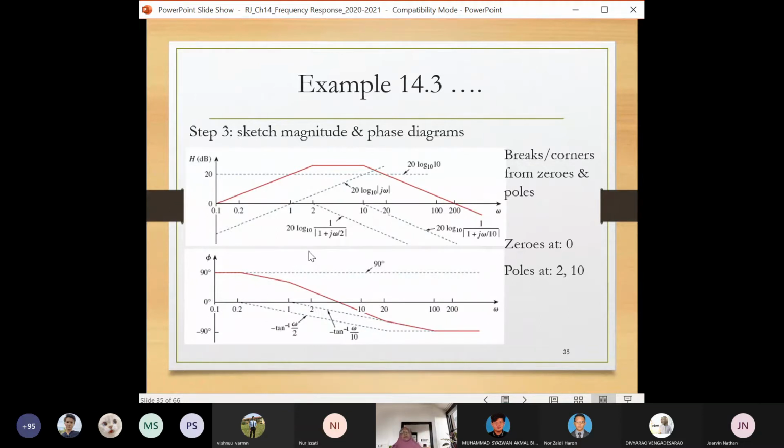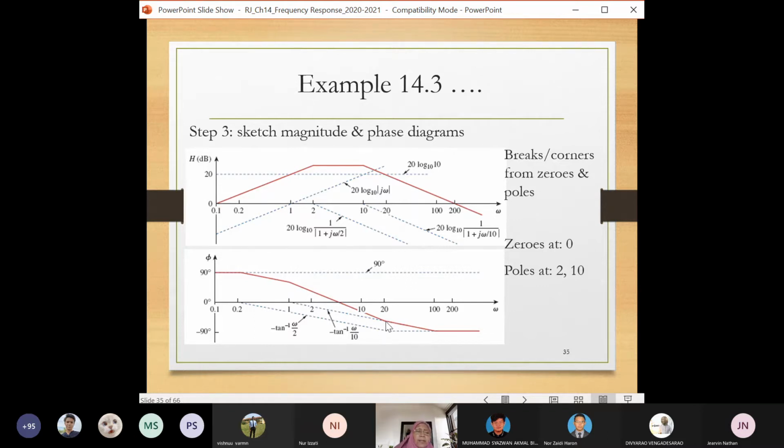As for the phase plot, you identify the lines. The origin is 1, it will run through 90 degrees, and then the changes occur at 1, at 2, and at 10. Then you combine them together, you will produce a straight line from 90 degrees, then drop, because there is only 1 drop, and then 2 drops here, you will drop until 20.